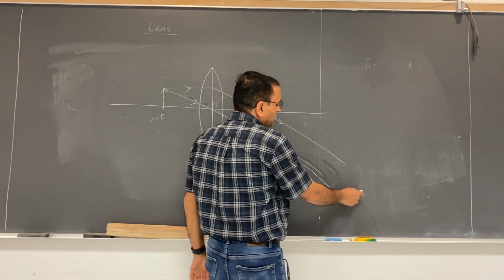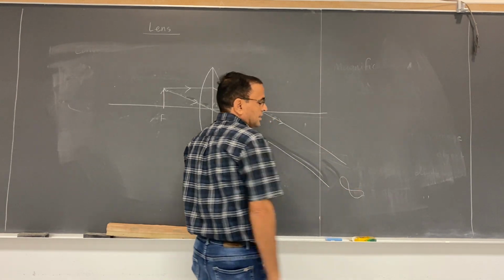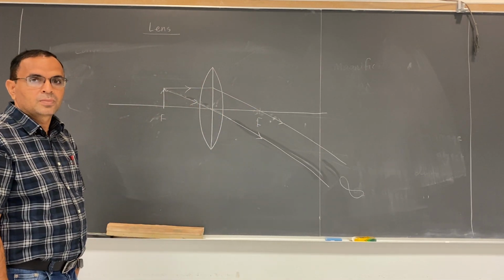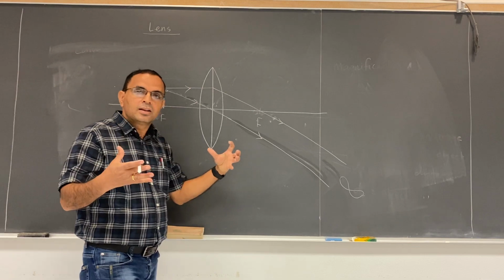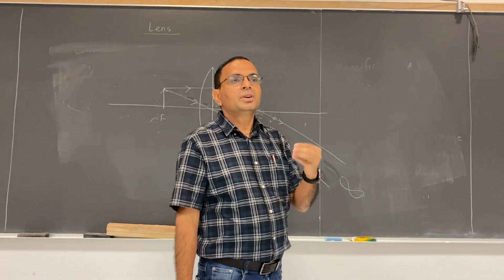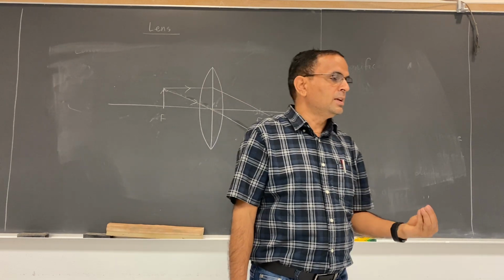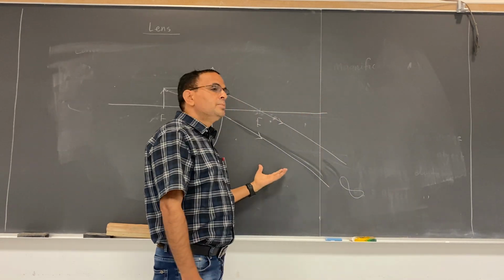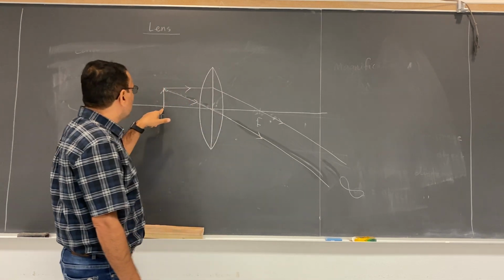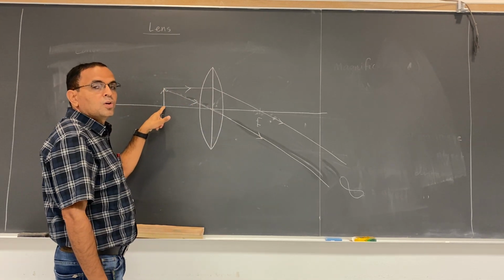So your image is at infinity. But the image is big. In this case, the image is big. The image is real because it is an upside down, inverted image. So the magnification is more than 1 here. This is the case if you keep the object right here at the focal point.